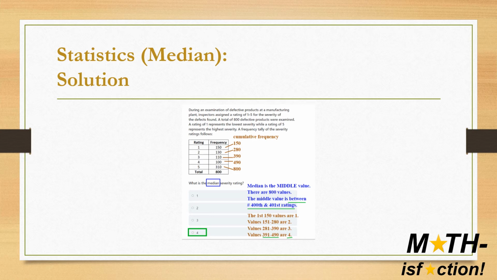There are 150 ratings of 1, so imagine writing the number 1 down 150 times, then writing the number 2 130 times, then writing the number 3 110 times, then writing the number 4 100 times, finally writing the number 5 310 times. In this list going across with 800 numbers, the middle value will be 4.